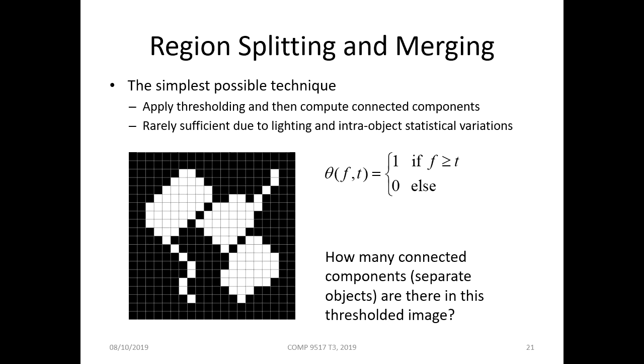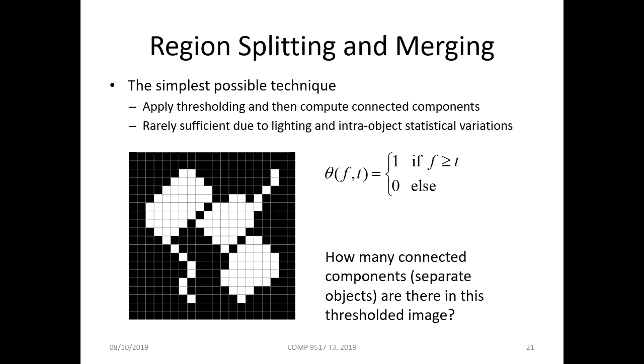Before you can do any meaningful calculations on these object pixels, you first need to determine which pixels actually belong together. Because if an image is like this after thresholding, all it says is that a pixel is either an object pixel or a background pixel, but it doesn't say which pixels belong together and form an object that you can actually analyze.